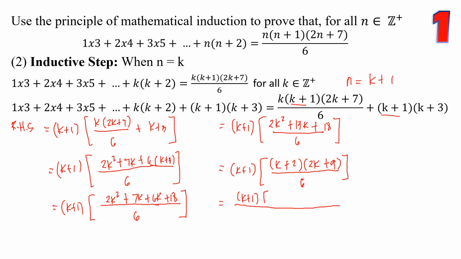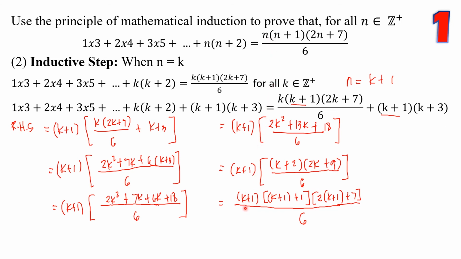Notice that k plus 2 can be written as k plus 1 plus 1. Also, 2k plus 9 can be written as 2 times k plus 1 plus 7, all over 6. Notice that the right-hand side of the original statement is n times n plus 1 times 2n plus 7 over 6, and this is the same statement when n is equal to k plus 1.